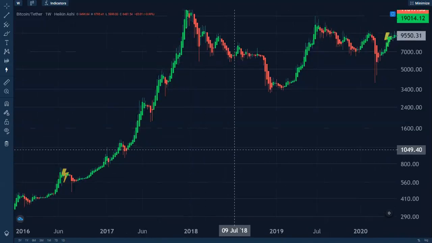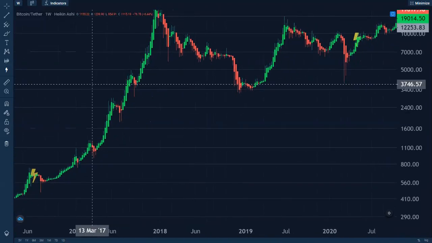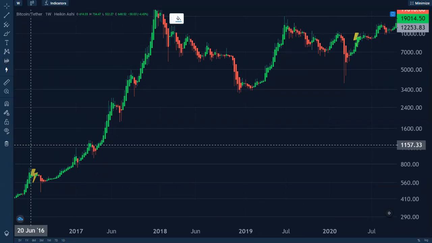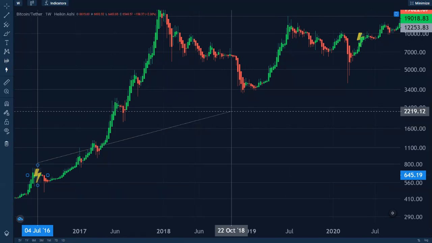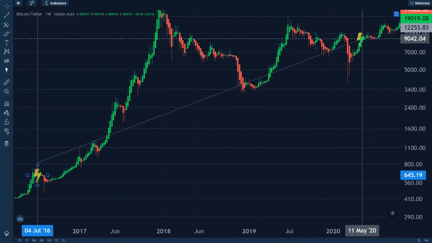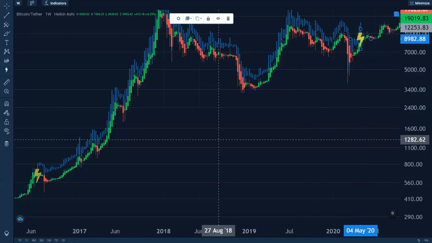So let's go see what this is going to show us. All right, Stormgain's going to start flashing here right away.